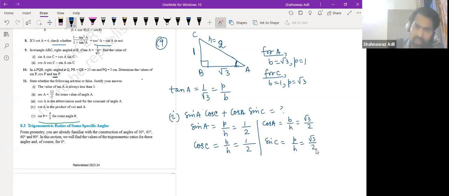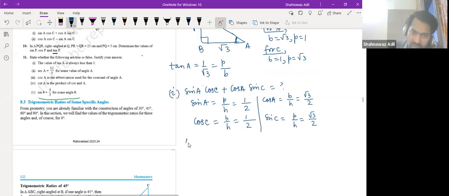Yeah. So let us put all these values, right? Sine A cos C plus cos A sine C. So sine A is 1 by 2 into cos C 1 by 2 plus root 3 by 2 into root 3 by 2.